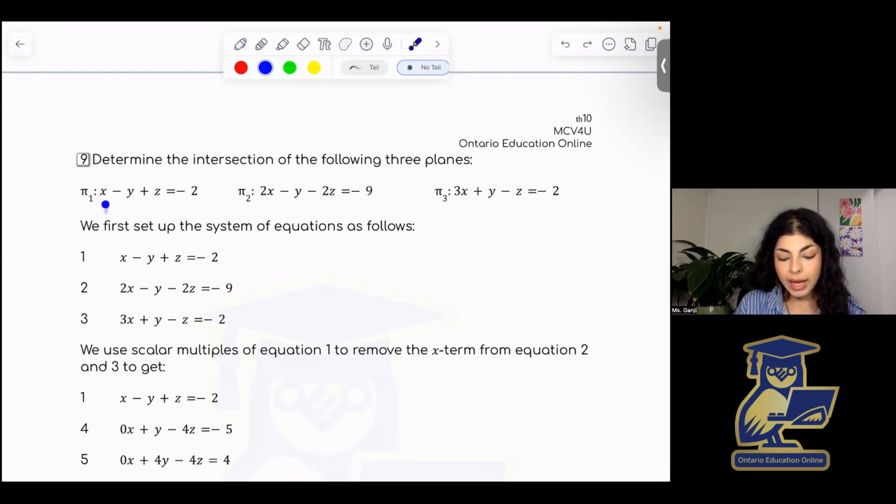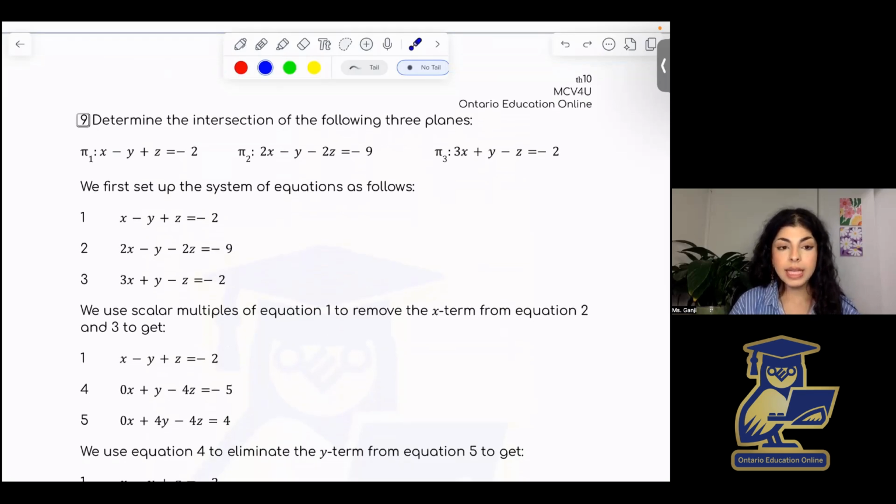We also check, and you can even do this just visually, that the normals of these planes are not scalar multiples of one another. So we can conclude that these are not parallel, and we don't have two coincident planes for any pair of the planes here.